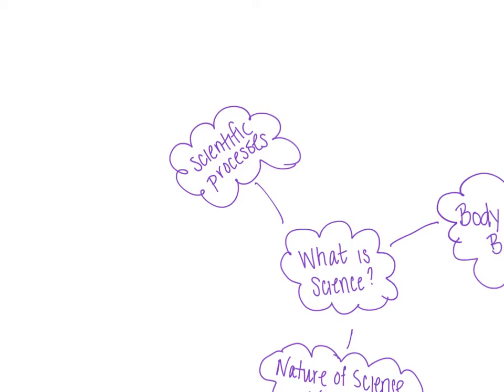All right, so I'm going to go back to scientific processes. One huge branch of science is the processes we actually used to learn what we already know about science, or what we know about biology. Most of these are going to be familiar to you. One of them is concluding.